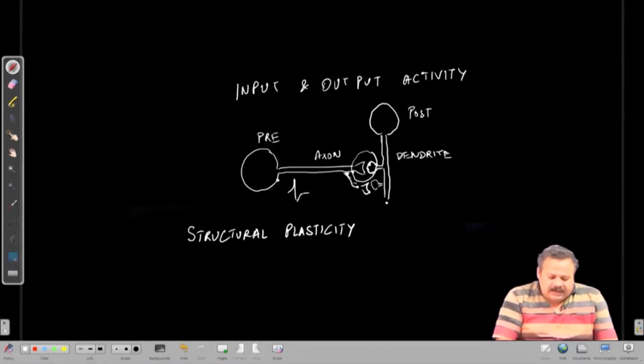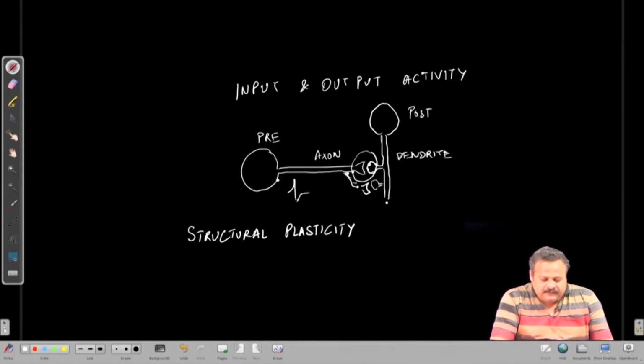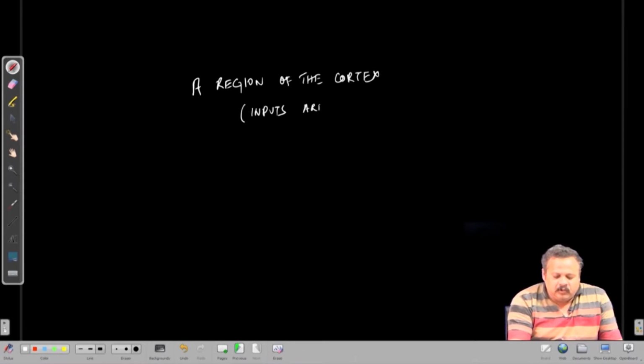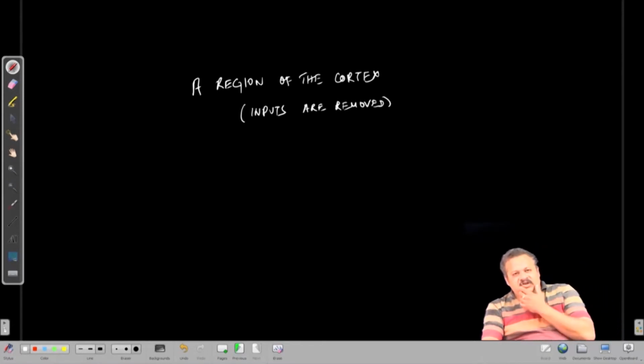Some of the examples of this kind of structural plasticity that have been studied are, for example, when a region of the cortex is devoid of any inputs. That is, the inputs to that region are removed due to, let's say, a surgery or some kind of lesion.